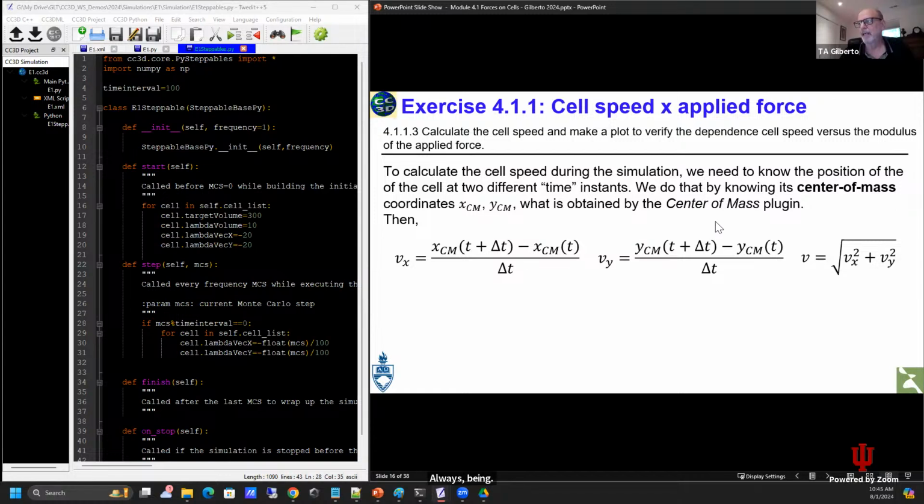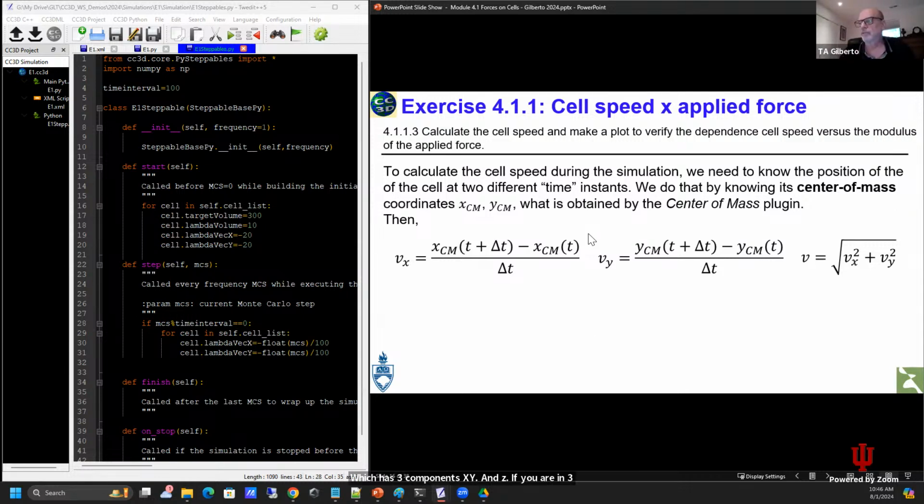The center of mass plugin keeps track all the time of the center of mass of the cell. It's a point in the grid which has three components, x, y, and z if you are in 3 dimensions.